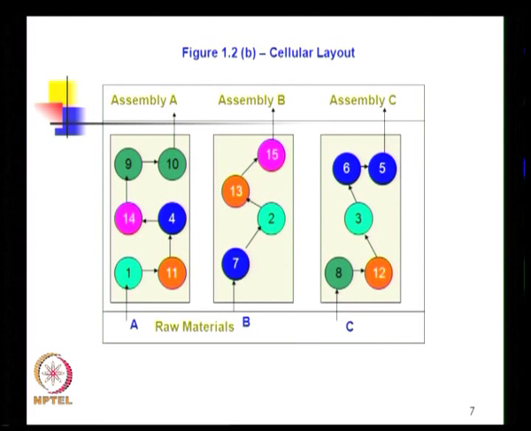Quality of the products increases because the ownership is on the product. Space comes down because there is less inventory, and space requirement comes down because all these can be located close to each other, closer than in the earlier layout.